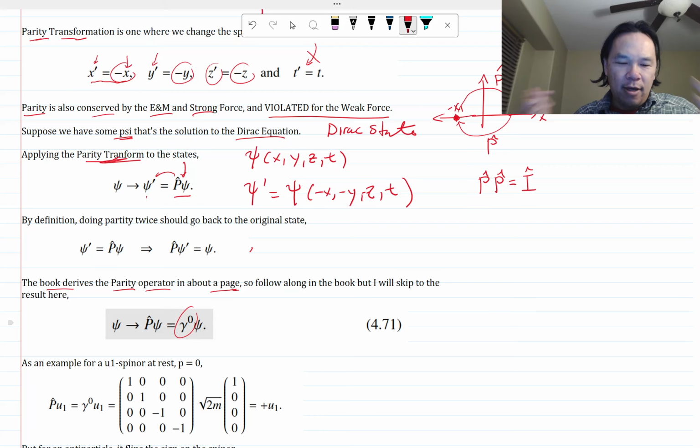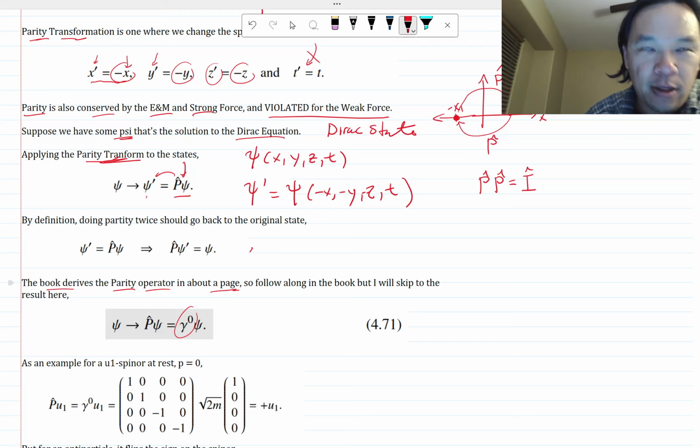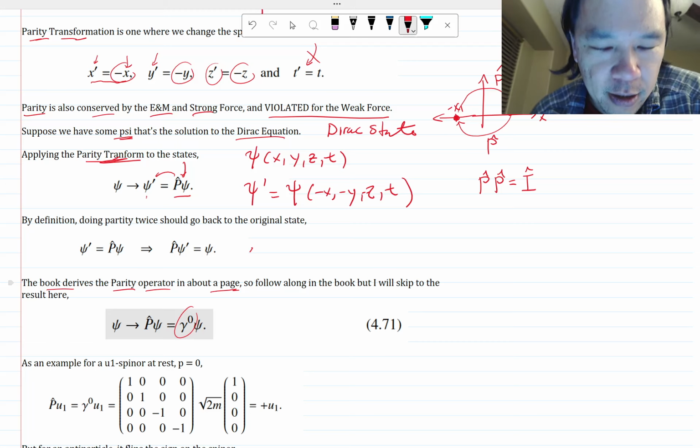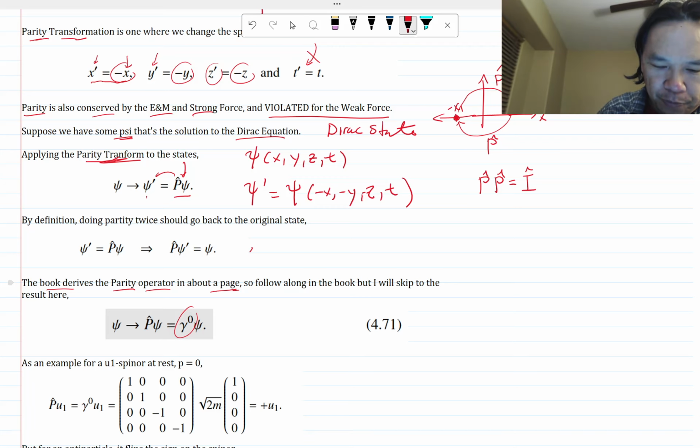We can then see how this affected the solutions to the Dirac equation, namely the u1, v1, u2, v2 spinors times e to the i(p dot x minus Et).